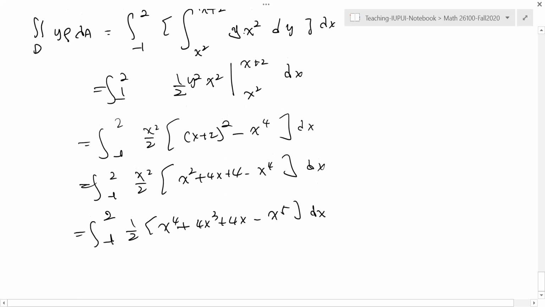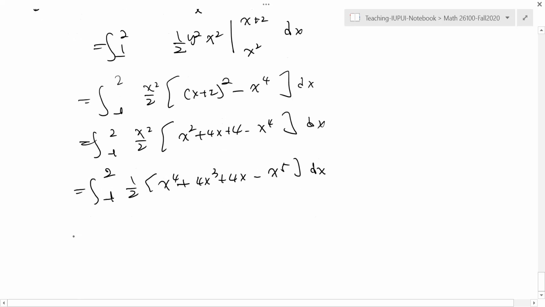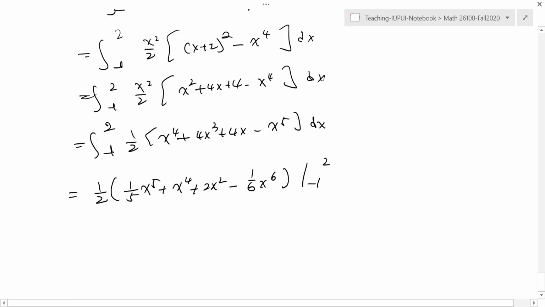Okay, so let me write down the last step. This is the antiderivative. It's going to be x to the 4th power, and here will be 2x squared, 1/6 to the 6th. I promised you to finish this.